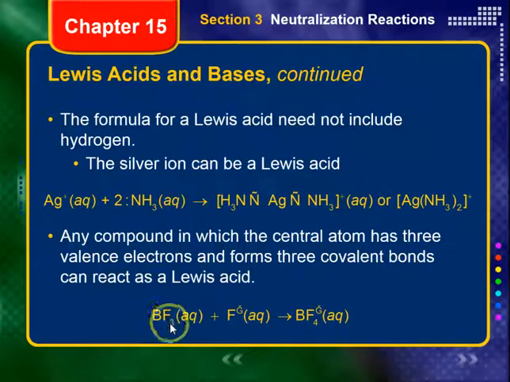Here's BF3. We can react that with the fluoride ion, F minus, this is the fluoride anion. We can react these two things in solution. We will have BF4 with a minus, because what have we done?